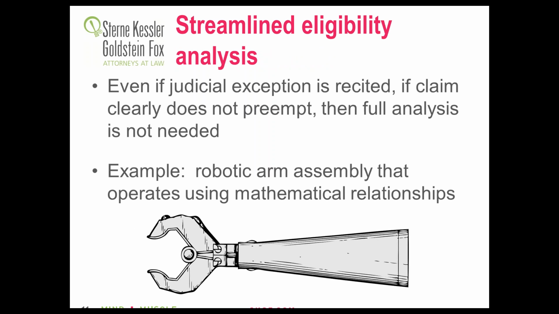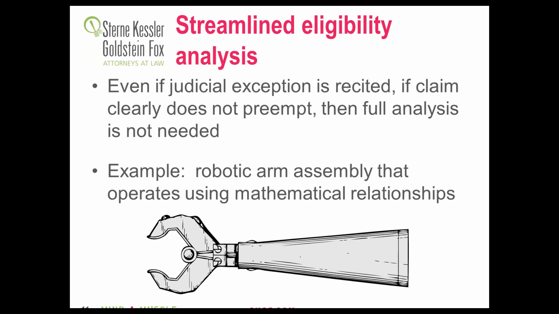There's also in the interim guidance a section that talks about streamlined eligibility analysis. Whether or not a judicial exception is recited, and even if a judicial exception is recited, if the claim clearly does not preempt that abstract idea, then the examiner does not need to engage in a full analysis. The example provided by the interim guidance is a robotic arm assembly that operates using mathematical relationships.